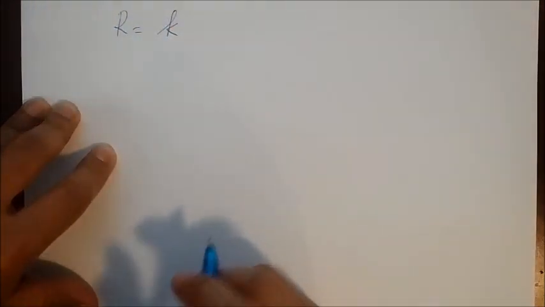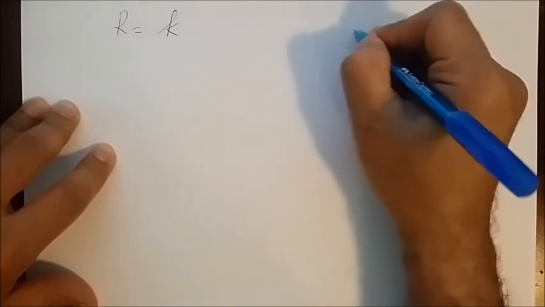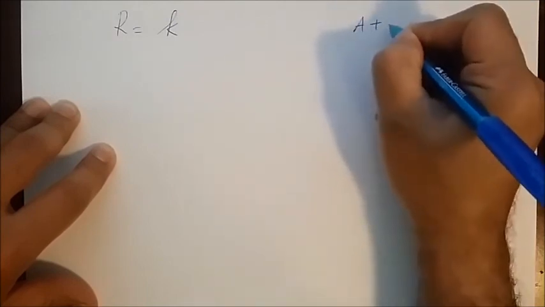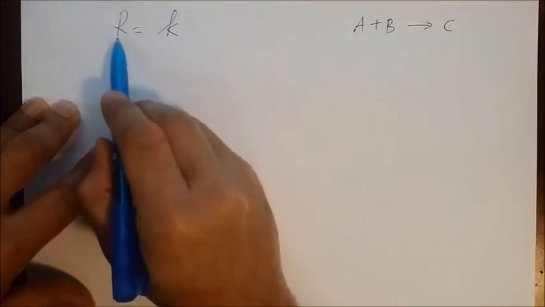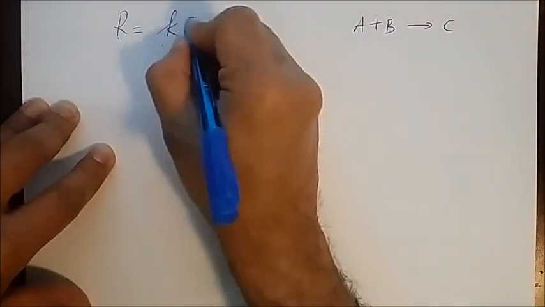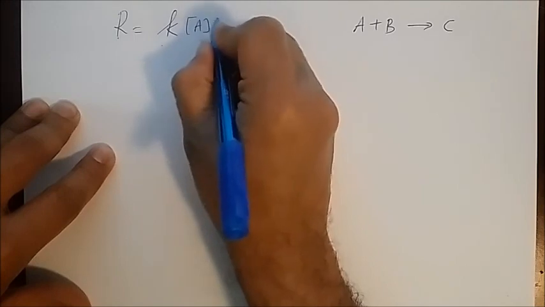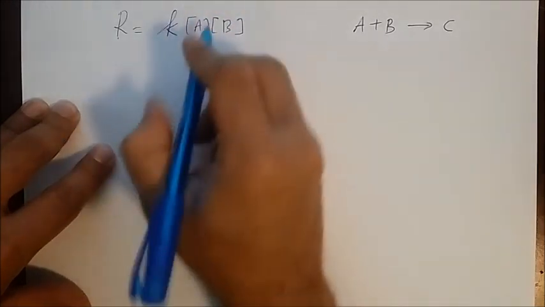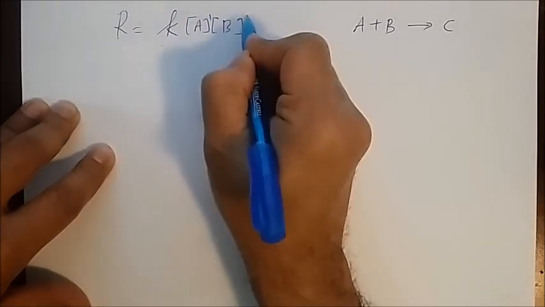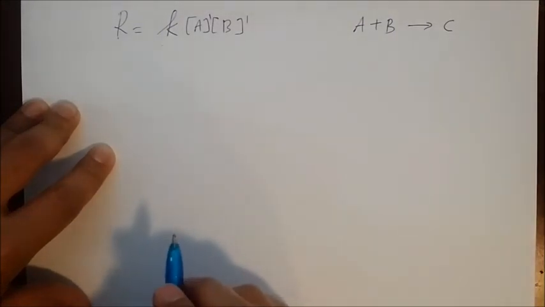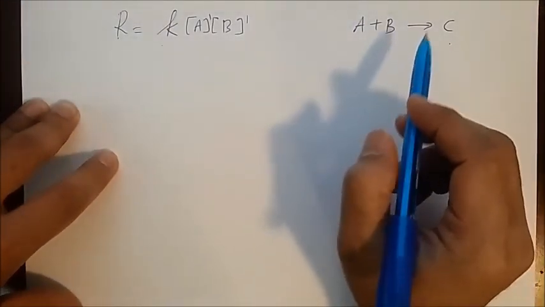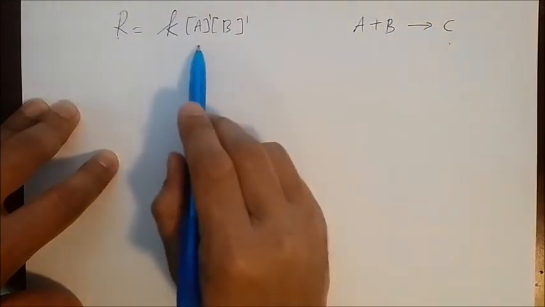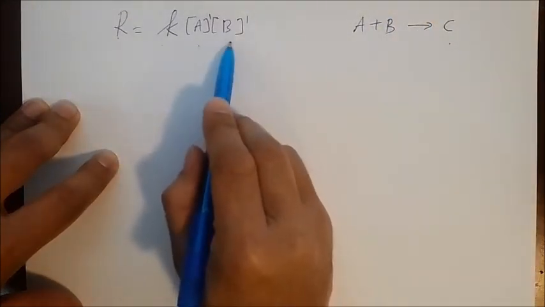Generally, for an elementary reaction A plus B going to C, the rate equals the rate constant times the concentration of A times the concentration of B, and the order is 1 for each reactant. This is for elementary reactions, so the reaction is a second order reaction, right?